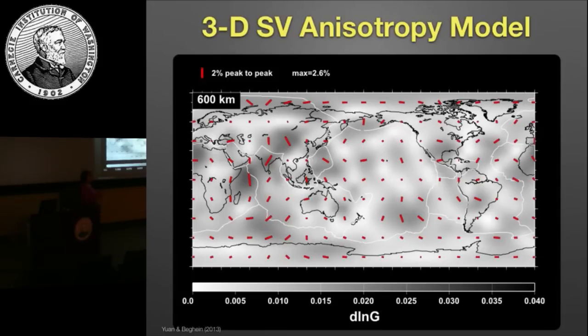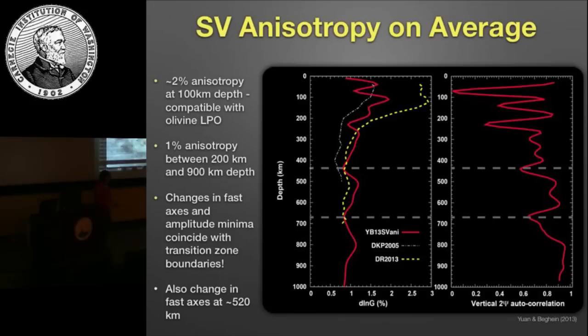And because it's difficult to look at maps and compare them, we tried to be a little more quantitative. So we basically averaged the model amplitude over all latitude and longitude and looked at what we had on average as a function of depth. This is what we got. The vertical axis is the depth down to 1,000 kilometers depth.